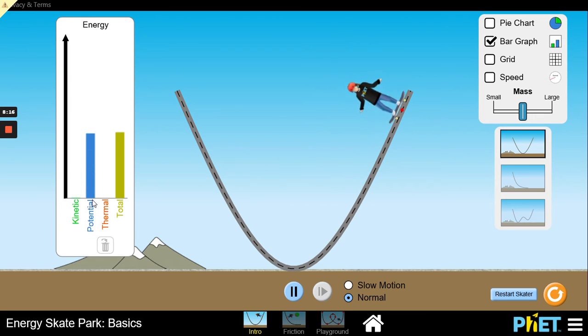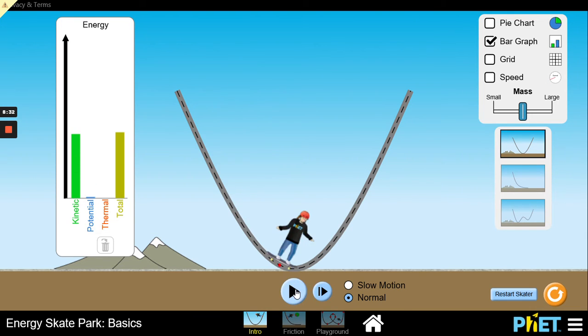But what happens is his potential energy is being converted into kinetic energy, and the other way around. At the top, he has maximum potential energy because he's at the highest above the ground. And at the bottom, he has maximum kinetic energy because he's moving the fastest.